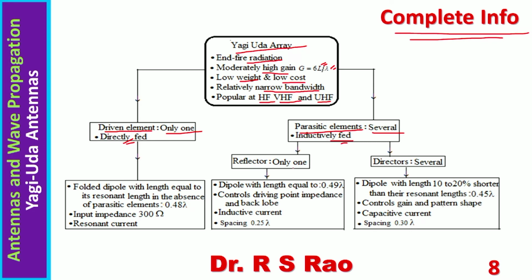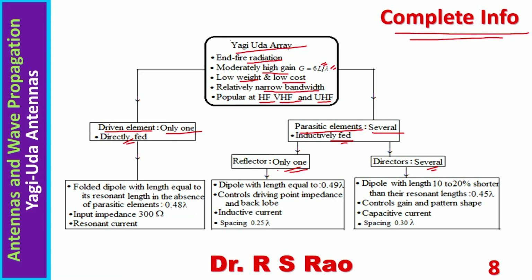In parasitic elements, again two types: reflectors and directors. Reflector is one, only one. Directors are several. Why is only one reflector used in Yagi? The reason is, even if we go for more than one reflector in the design, it doesn't give much benefit.